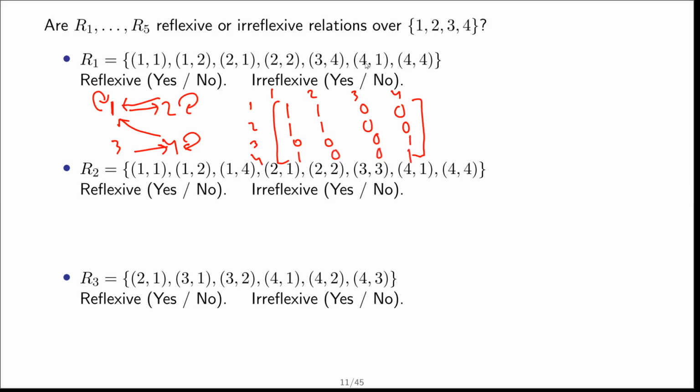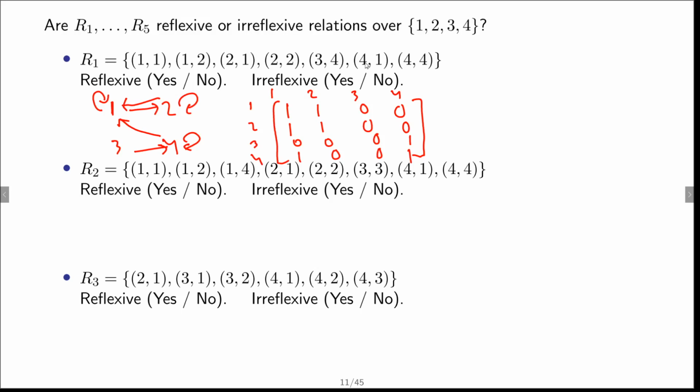So if you look at this, there is an outgoing arrow from 1, 2, and 4, but not 3 to itself. So 1 is related to itself, 2 is related to itself, 4 is related to itself, but not 3.